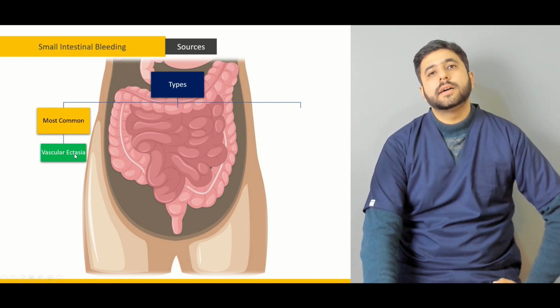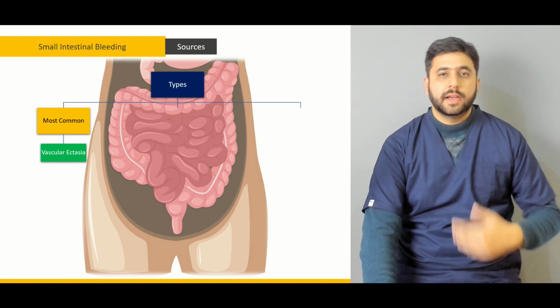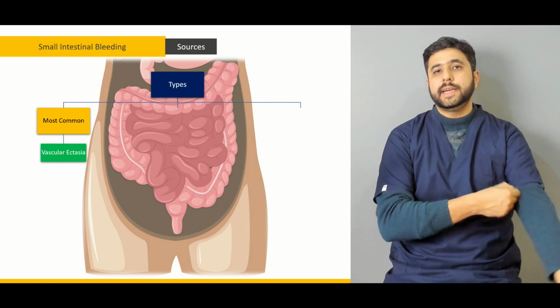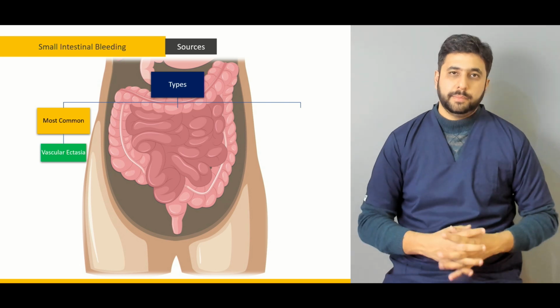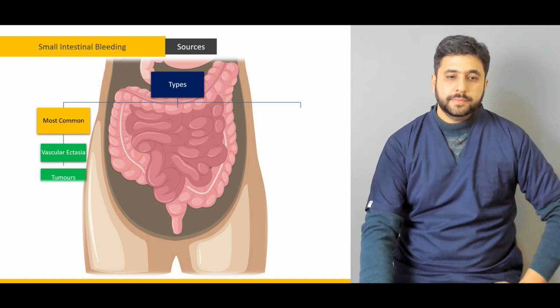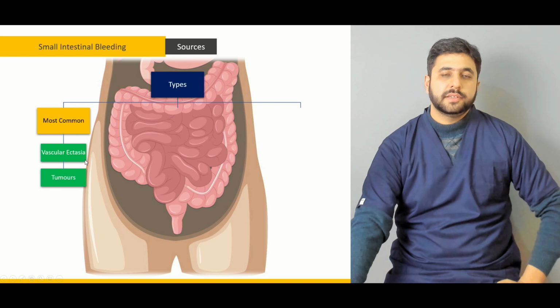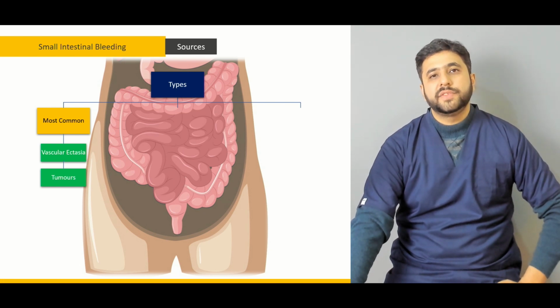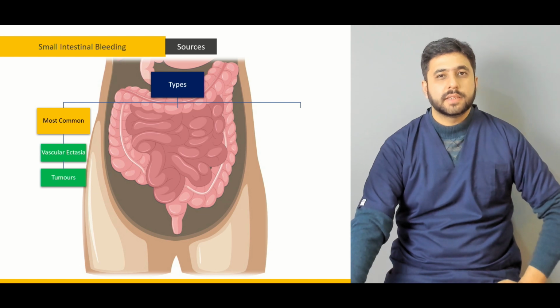And this bleeding can present with hematochezia, or most likely, because there is a lot of distance, and if it is a small bleed, it can present as occult bleeding. This is the most common cause of bleeding, especially in adults, patients who are generally more than 50 or 60 years of age. Vascular ectasia is the number one cause.